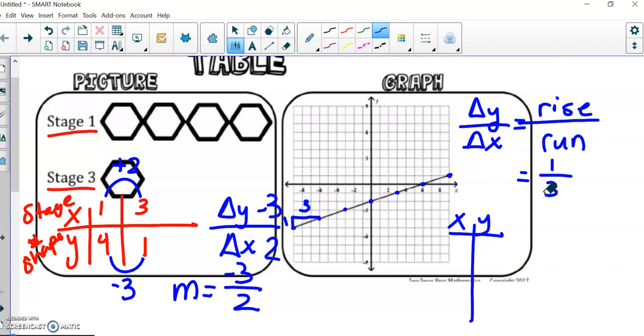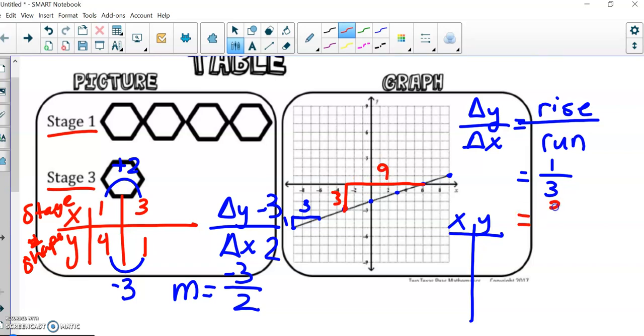Let's try another point. I could change from this point here. I'm going to go up. And now I want to run to this further point. That's okay, we can still do that. This is a change in 3 over a change in 1, 2, 3, 4, 5, 6, 7, 8, 9.